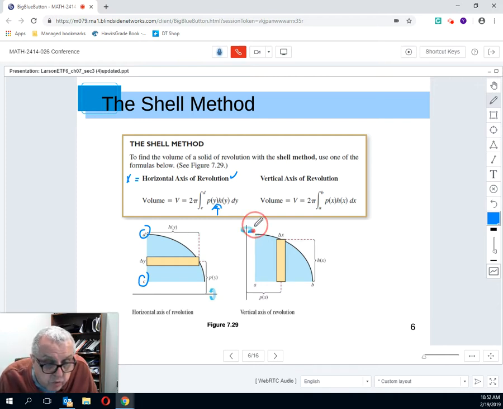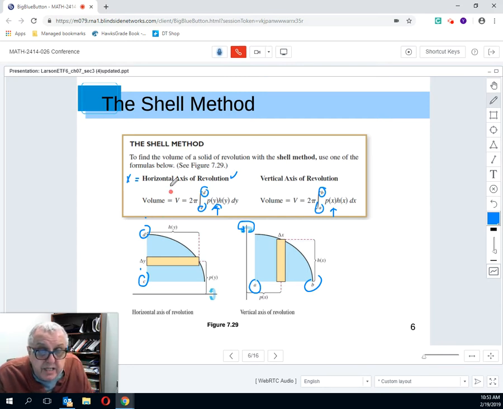Here, we're rotating around the vertical axis, the y-axis, so our variable is going to be x, and we're looking at the x to integrate, a and b. Over here, it's c and d. It's different here.